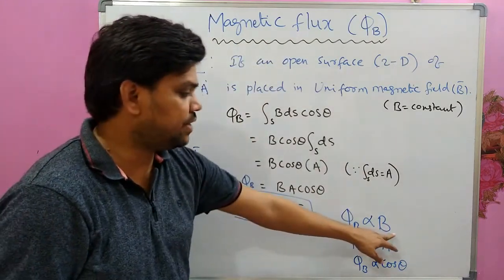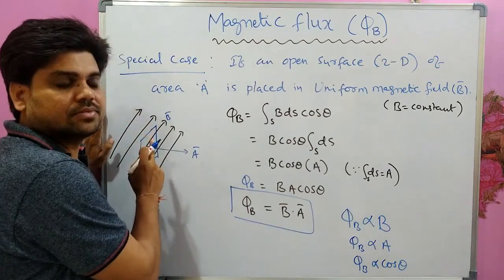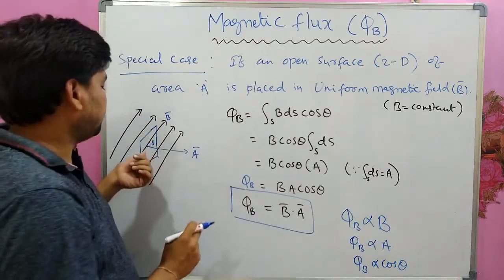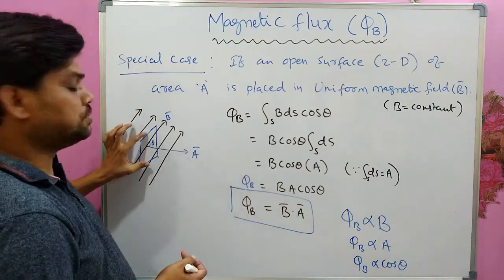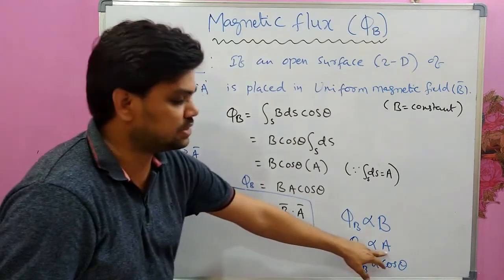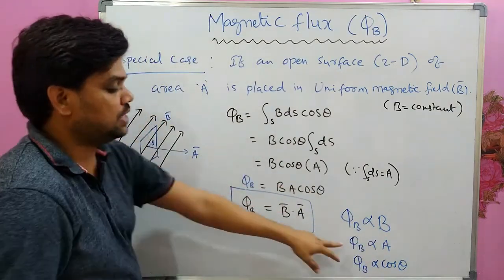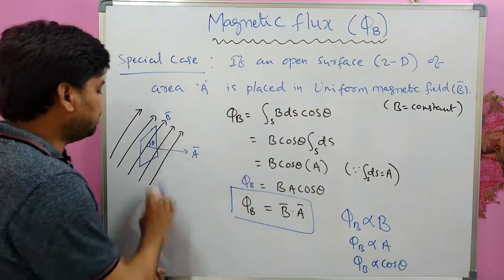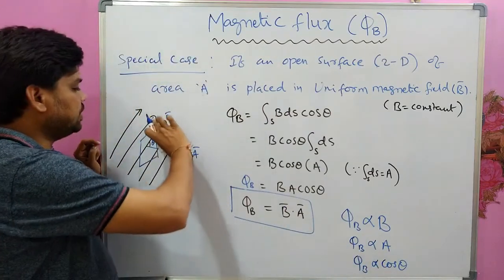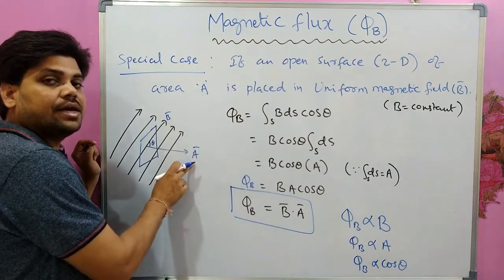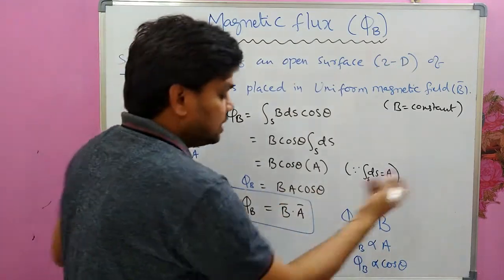If the magnetic field strength is increased, then the flux passing through this will increase. If the area of the surface placed in the magnetic field is increased, then the magnetic flux passing through that surface will increase. If cos theta, the cosine of the angle between the magnetic field and area vector, is increased, then flux will increase.